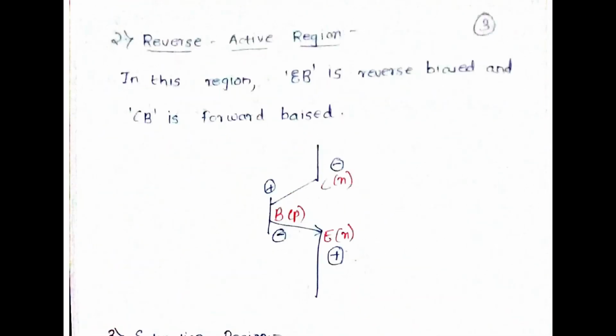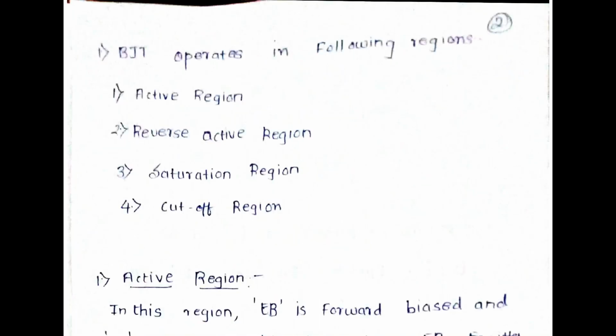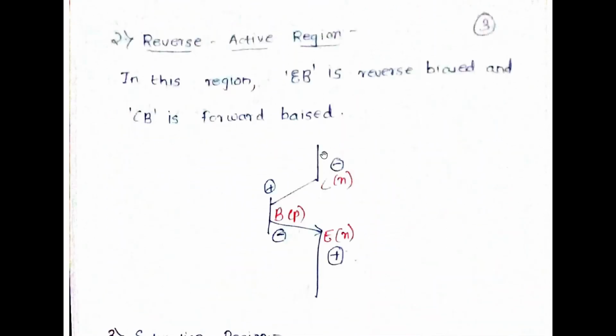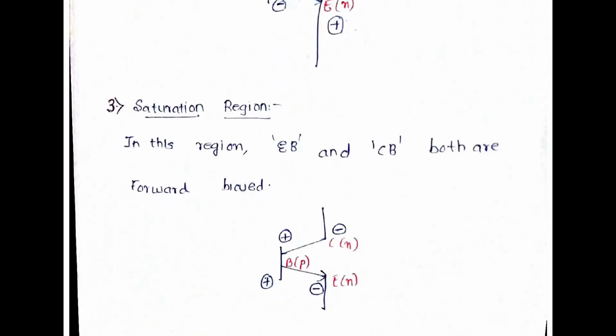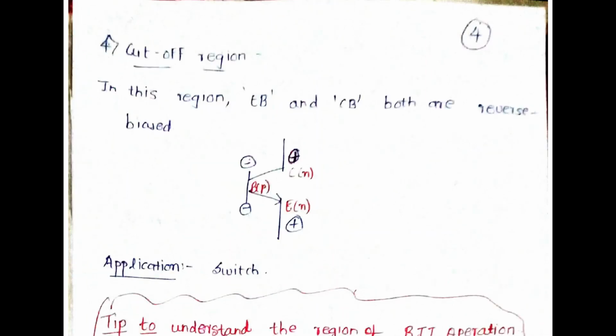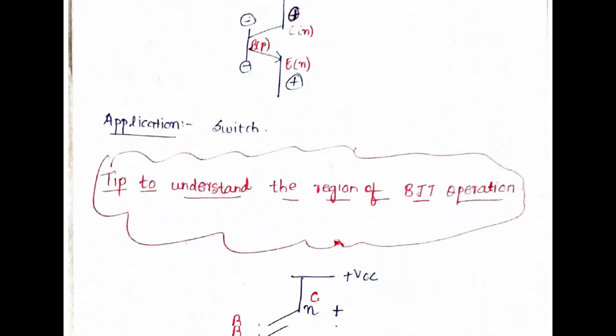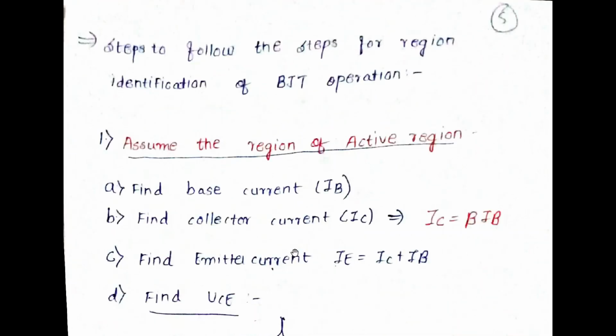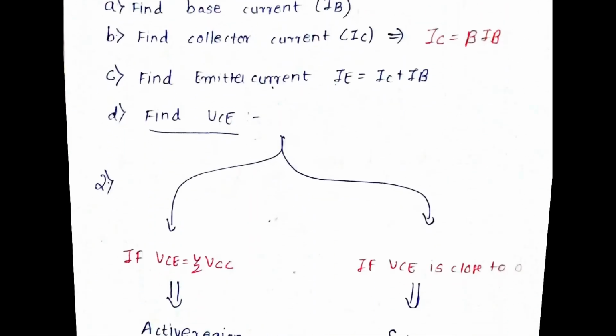So this is the basic that I am covering in this class. Based on the biasing given, you should be able to understand whether it's active region, reverse active region, saturation region, or cutoff region. And on the basis of the VCE value, you can also determine the region. I have given the steps over here.